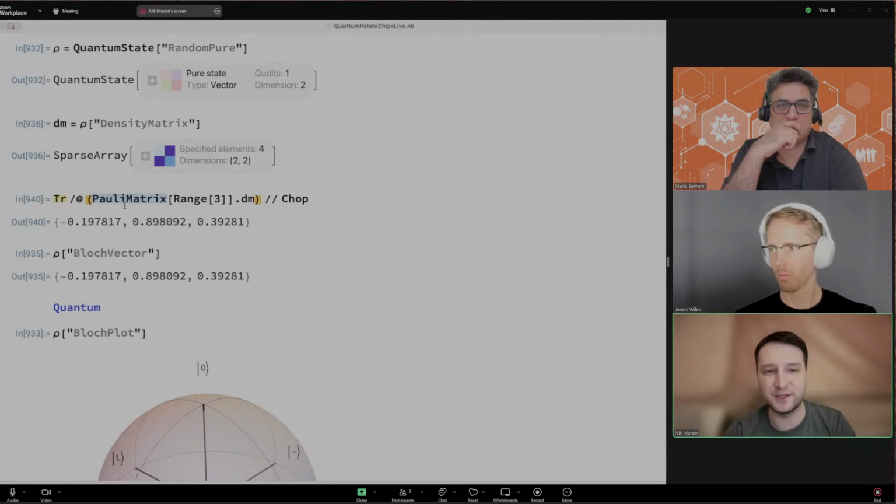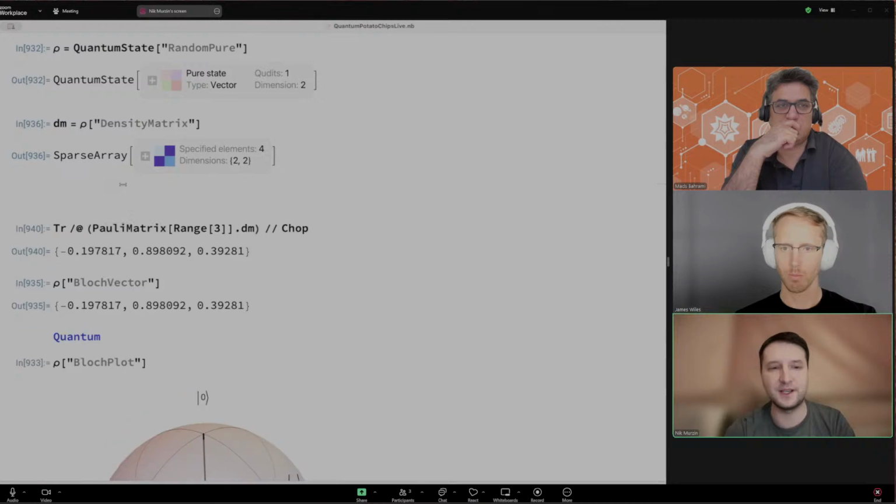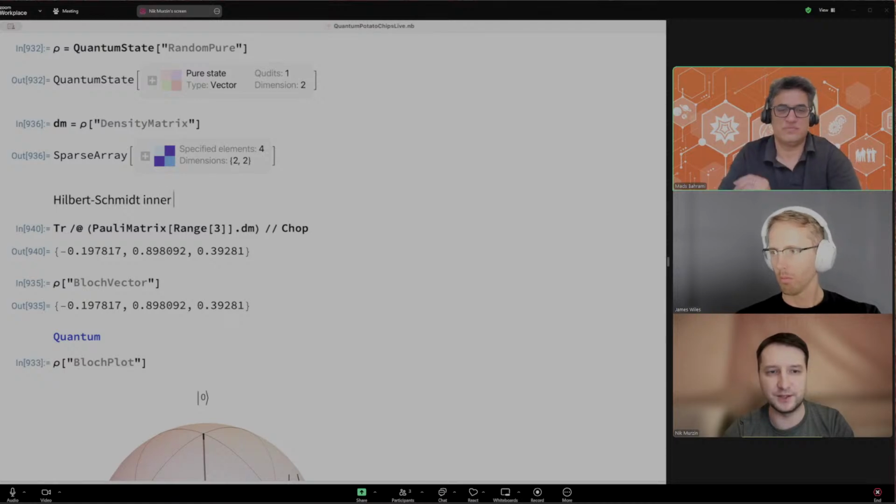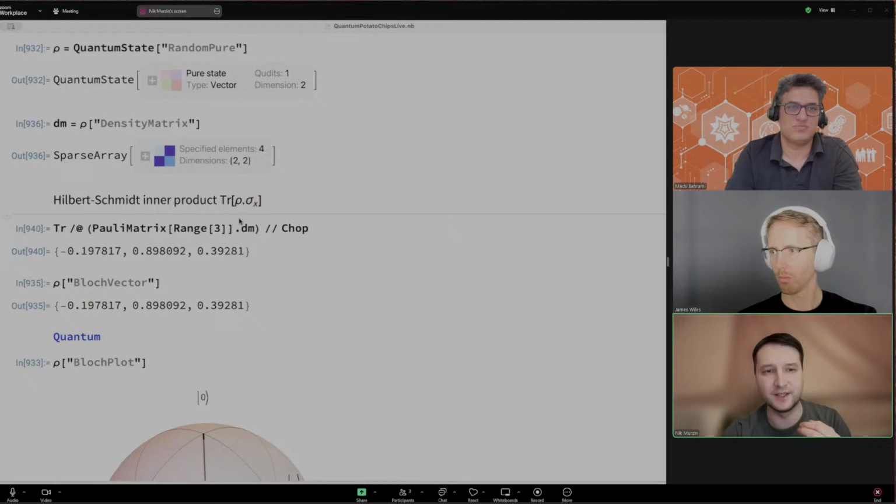In this case, it is the Hilbert-Schmidt product, which is just the trace of the density matrix with some Pauli matrix. That's essentially how we compute the coordinates of the Bloch vector.